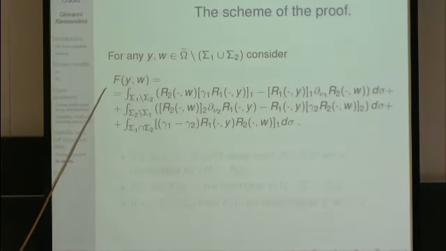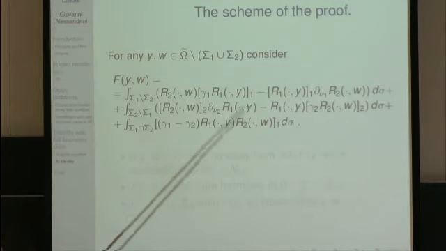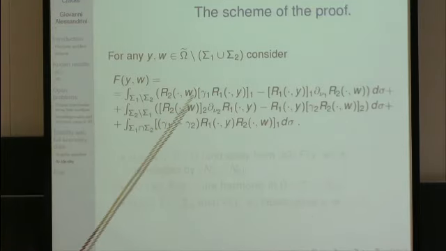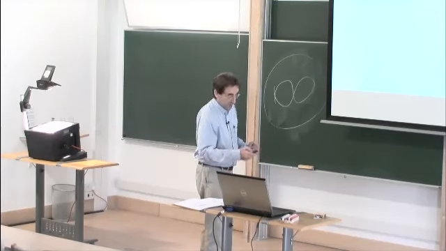So I consider this function here, and this is also harmonic when y and w move into omega. The only point is that they have to be away from sigma 1 and sigma 2. And so I can use the harmonicity of this function with respect to the two variables separately.